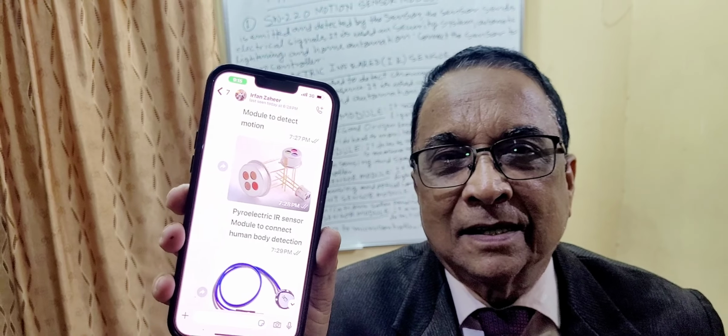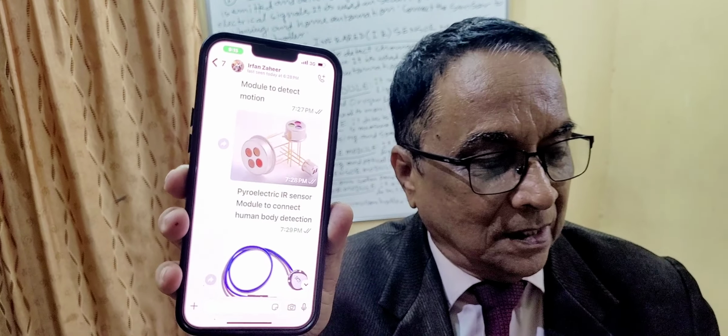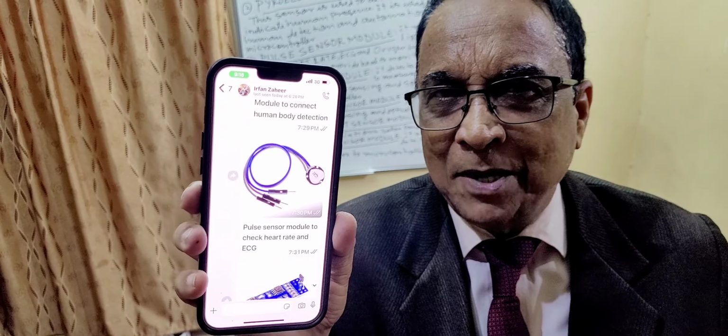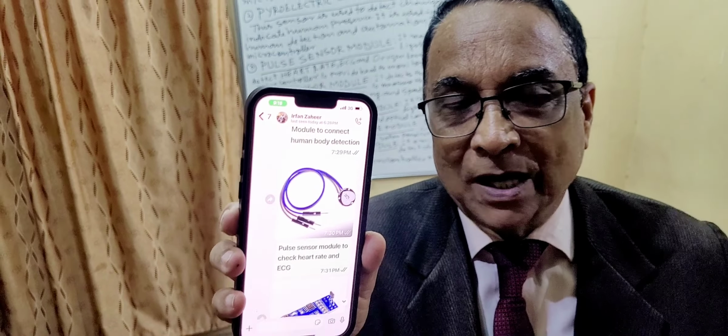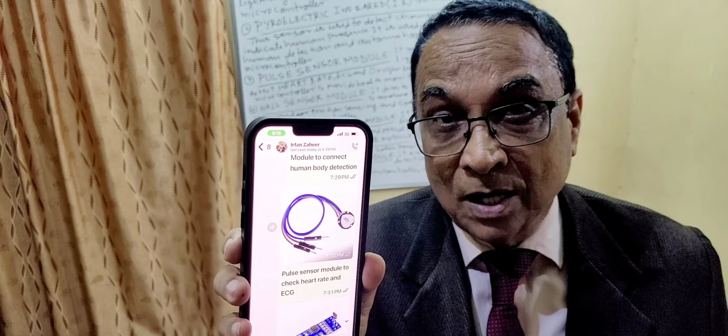It is the pyroelectric infrared sensor, and it can connect with the human body, and also it can help in detection. This is the pulse sensor module, and nowadays this type of sensor is even integrated in our smartphones and some devices, so that our smartphone can detect the pulse rate, your heart rate, even the oxygen level, the percentage of oxygen, and it can even do the graphing of ECG, electrocardiogram.